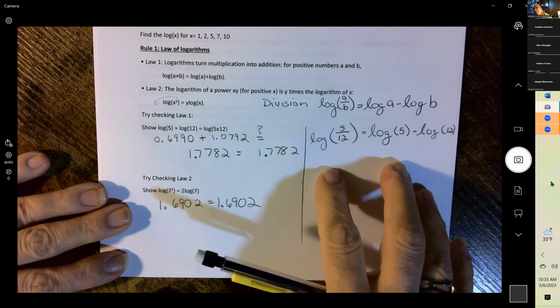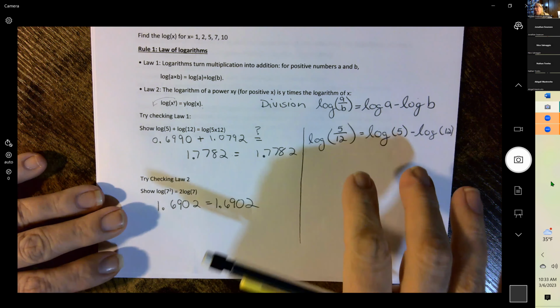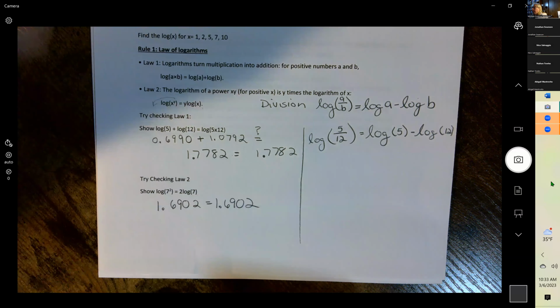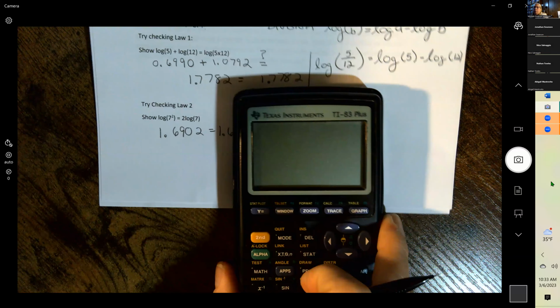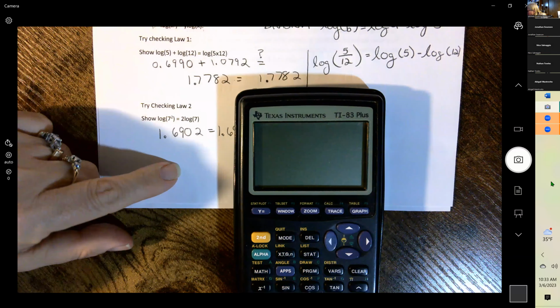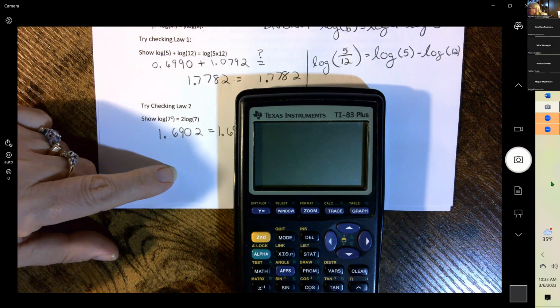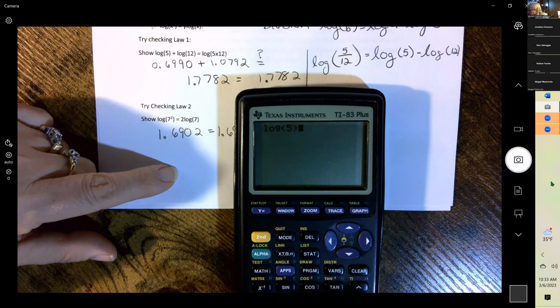If we calculate both sides, they should be the exact same answer. So if we look at the first one, log 5 divided by 12. Log 5 divided.